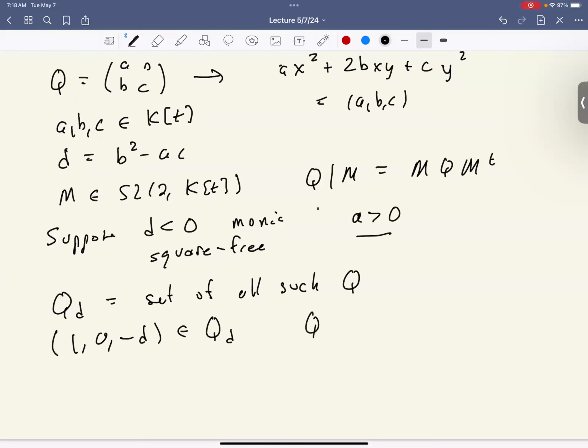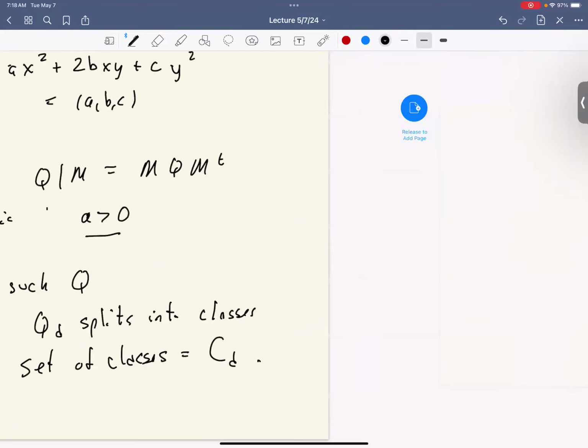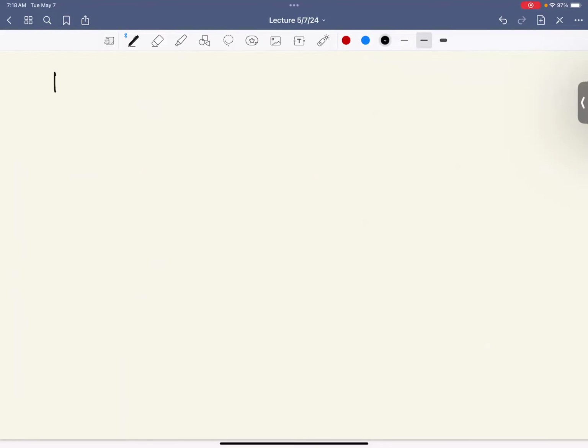So this set splits under this equivalence. Usual type of thing. And I'll denote the set of classes CD. Okay, so finally, here's the setup, and so I'll state Theorem 1.